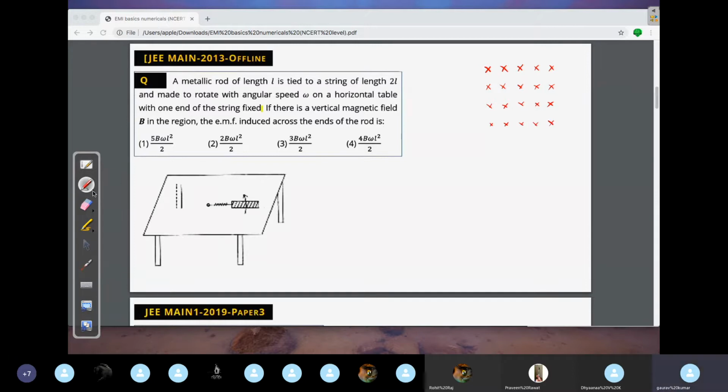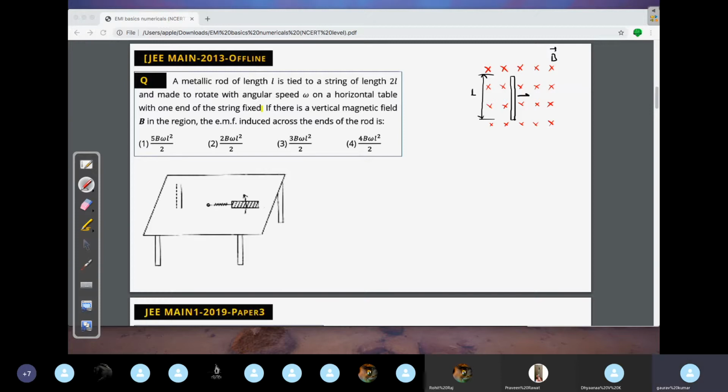Now let's say you have a rod here. The length of this rod is L. This magnetic field is B, going into the page.